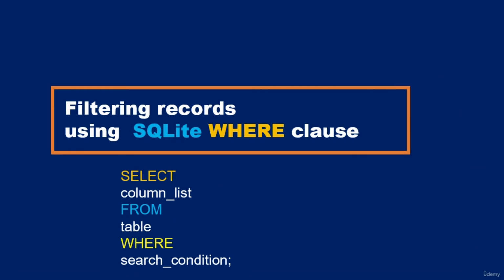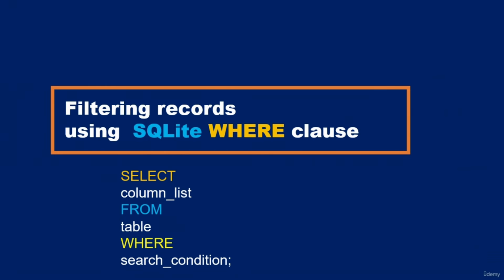So when you are evaluating the select statement that contains a where clause, SQLite checks the table first. So it will come here and check the table you're trying to get the data from. And the second thing it does, it evaluates the condition. So whatever conditions you would have specified in your where clause, it will evaluate that condition in order to get the rows that meet the conditions you specified.